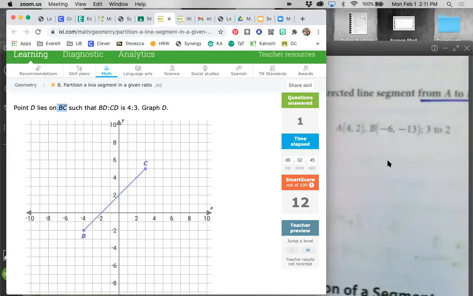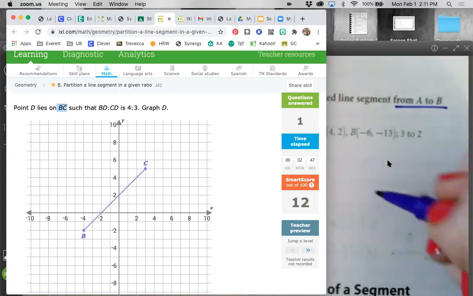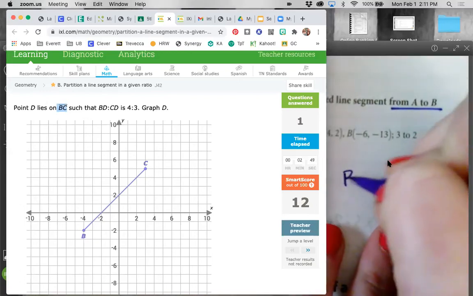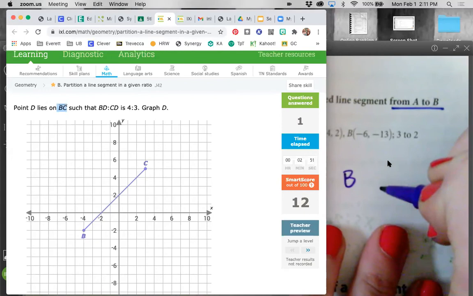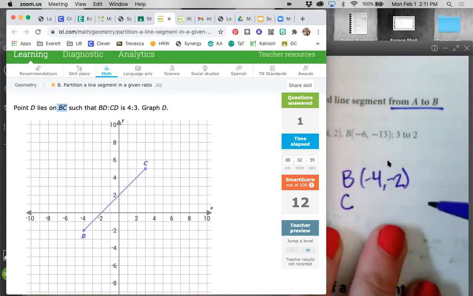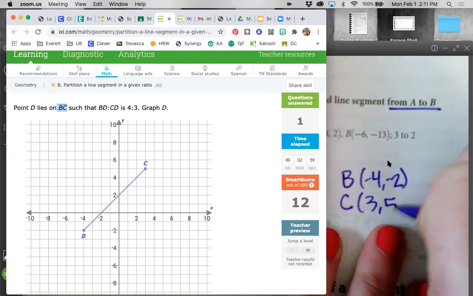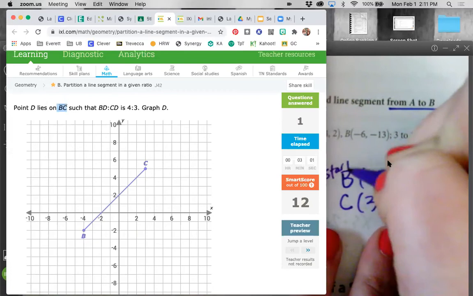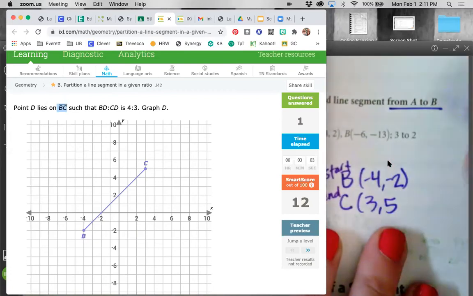So B is at -4, -2. C is at 3, 5. This is my start. This is my end. And my fraction is 4/7. I took the 4 and 3 and added them together to get the 7. The 4 just stays on the top.